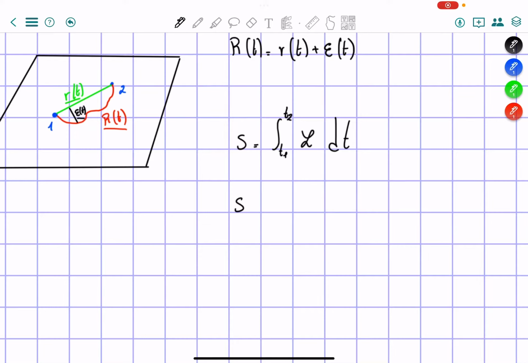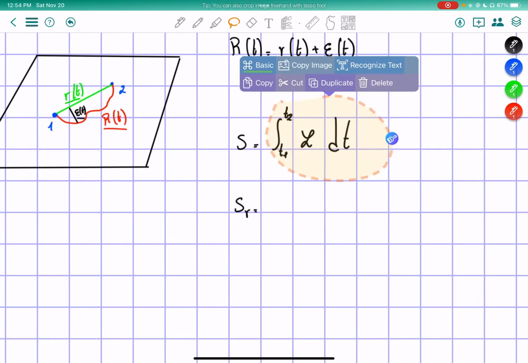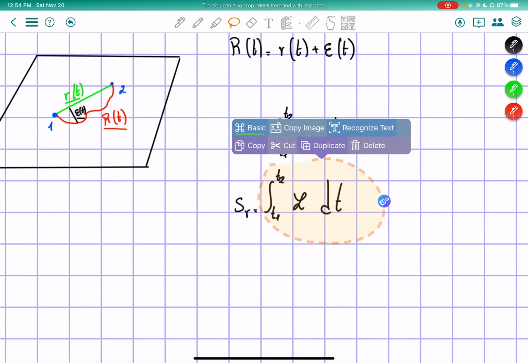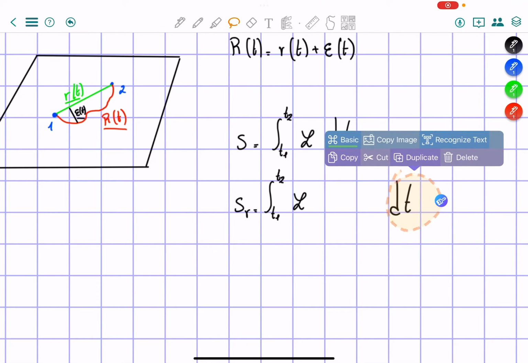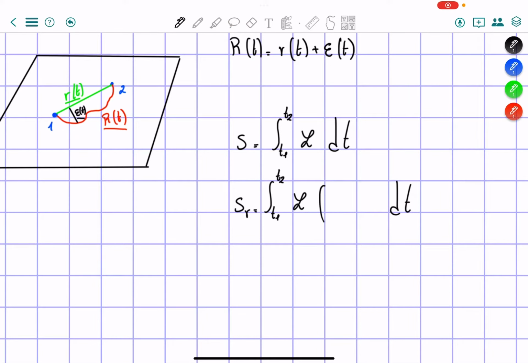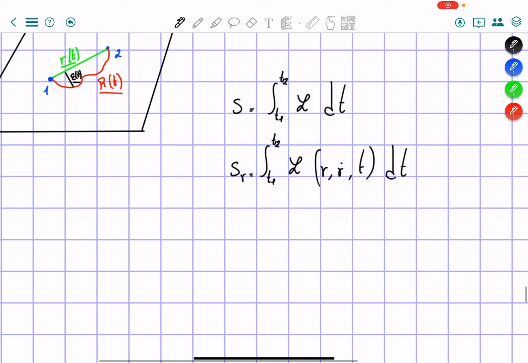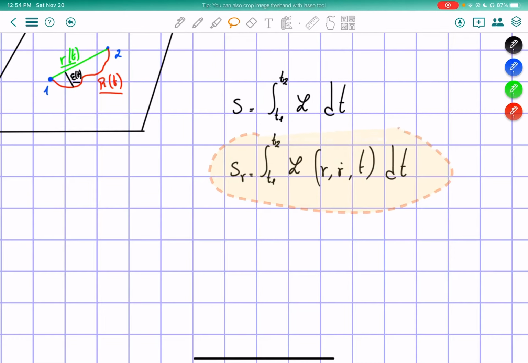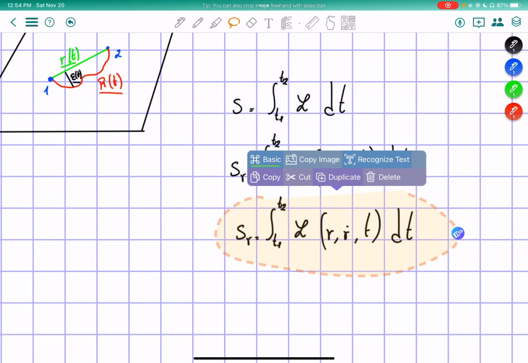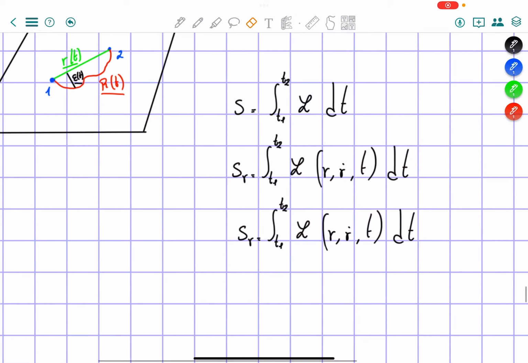I'm going to call the stationary for the small r, which would be the same thing, but I'm going to write the Lagrangian as a function of small r, r dot, and t. And then we would have the same thing for big R. The only thing we have to change is the r, which is going to be a big R.